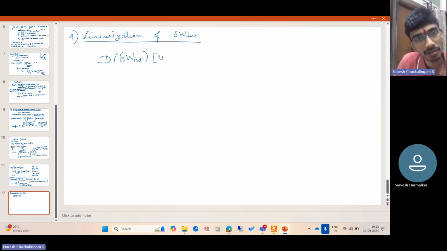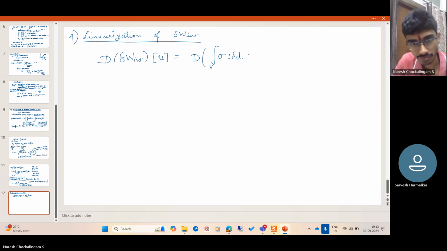We need the directional derivative of the internal virtual work done in the direction u. What is it? The directional derivative of the integral over the volume of sigma double dot product with the virtual rate of deformation tensor, integrated over the entire volume, in the direction u.